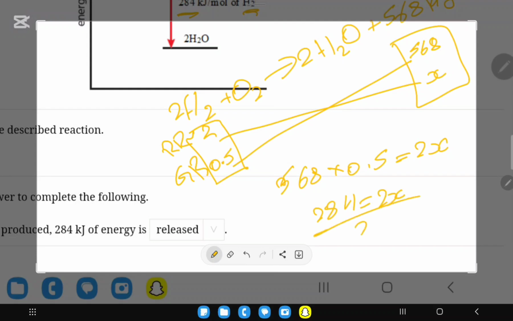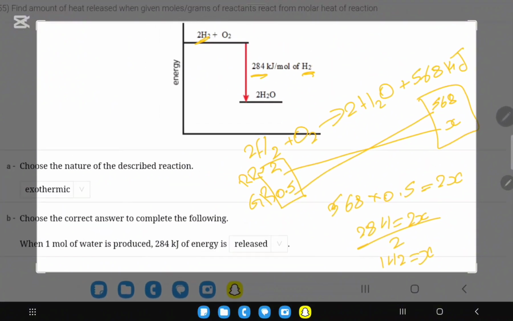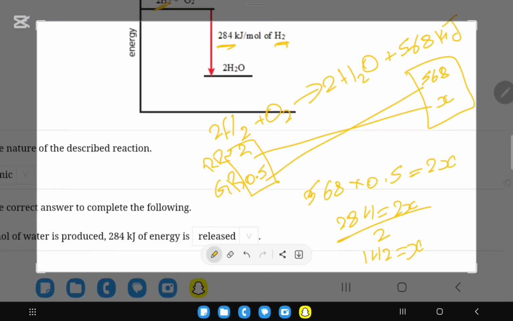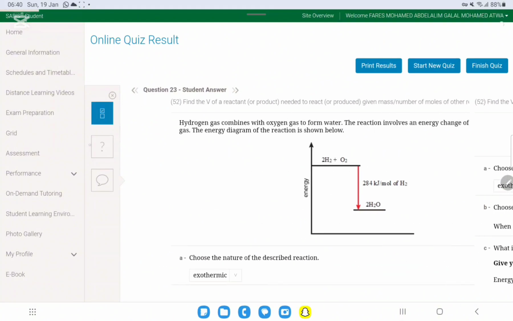If I divide both sides by 2, you get 142 equals X. So when 0.5 moles of H2 is put into the reaction, you get 142 kilojoules of energy released. And they wanted 3 significant figures, and it's already 3 significant figures.